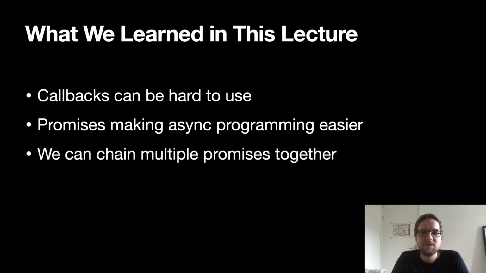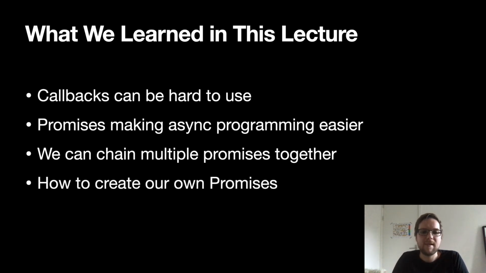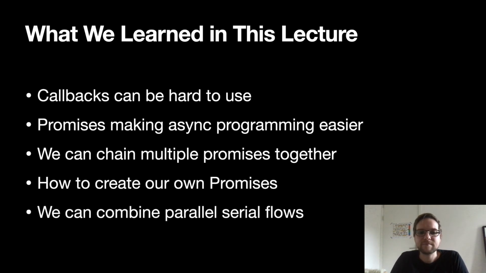And we learned that we can chain a lot of promises together. You can have one promise that calls another, that calls another, that calls another. And we also learned how we can create our own promises. And we also saw how we can combine promises for both parallel and serial flows. And this was the last example, which was a little bit more complicated.